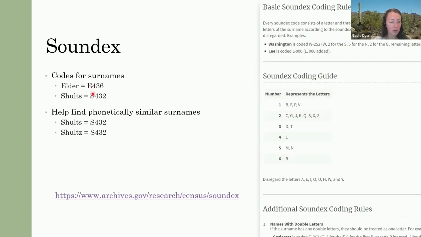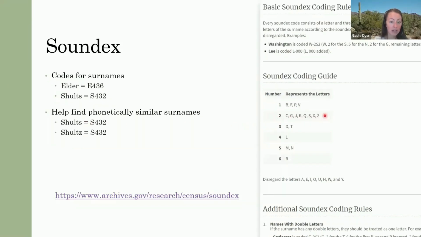It skips vowels, and it skips H, W, and Y as well. So it disregards those letters, and then it gives the numbers 1 through 6 to the following groups of letters. So for Schultz, the code is S432. And here's an example of how it helps find phonetically similar surnames. Schultz is sometimes spelled with a Z, but Z and S are both in this 2 category.